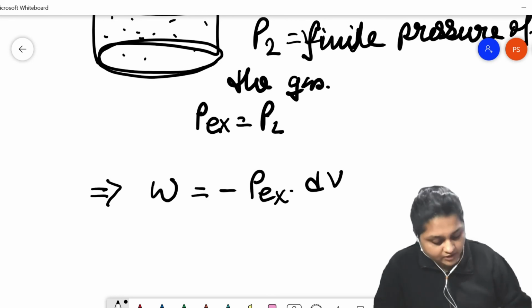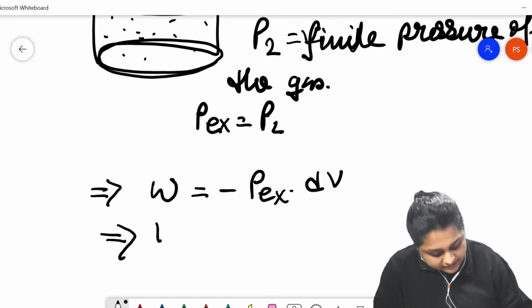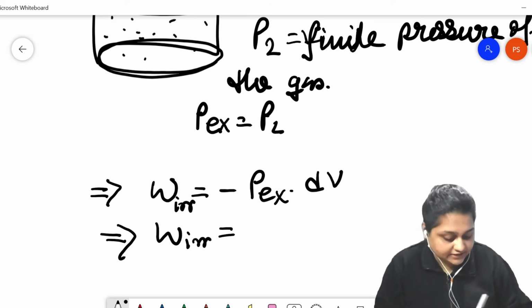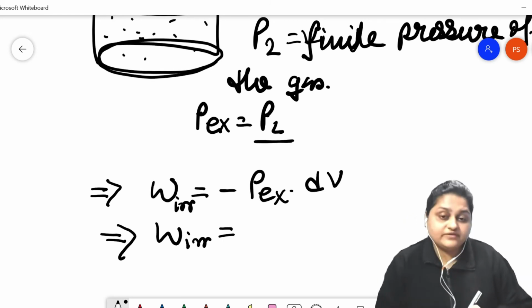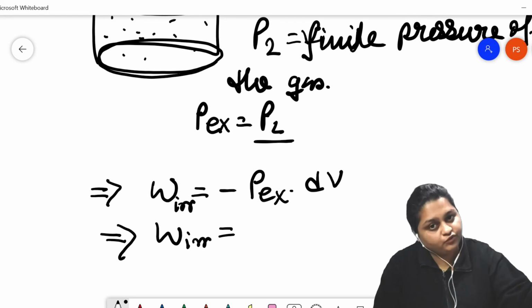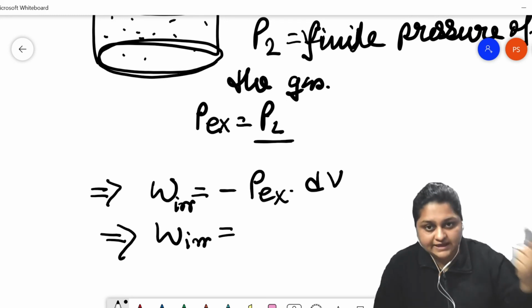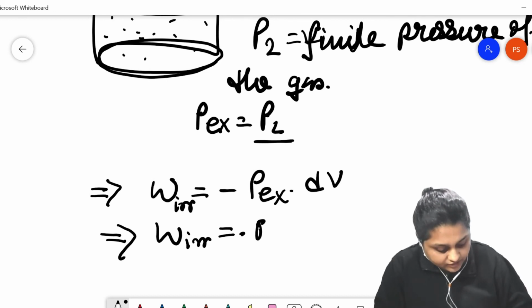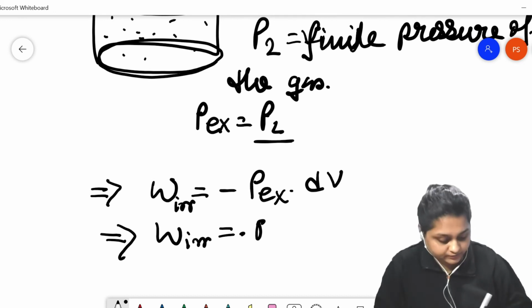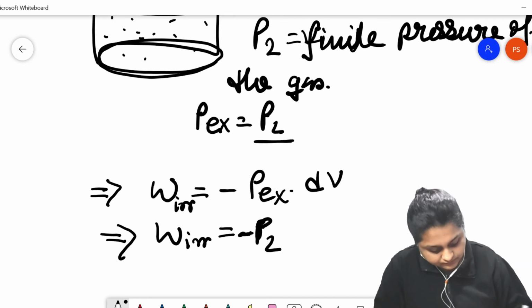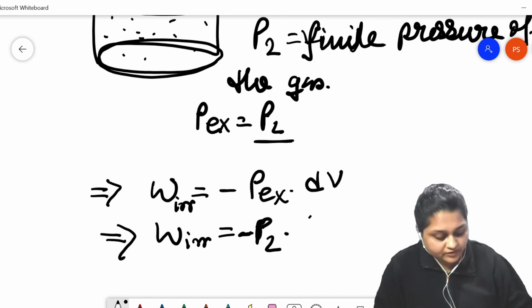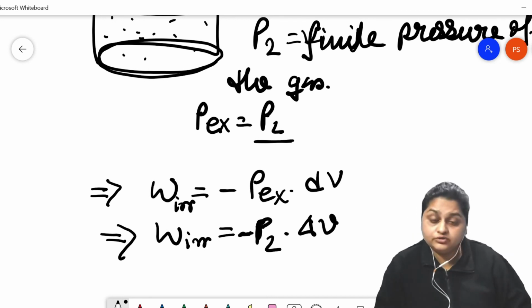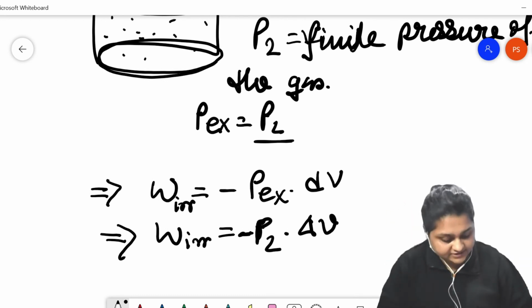Now, W irreversible is nothing but equal to minus of P2, the final pressure that will occur after the expansion process happened, into delta V, because a finite amount of volume has changed.